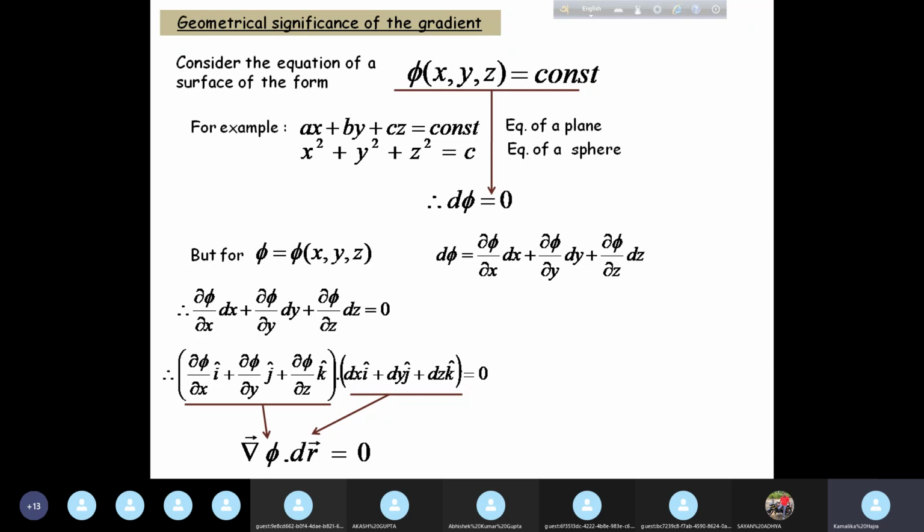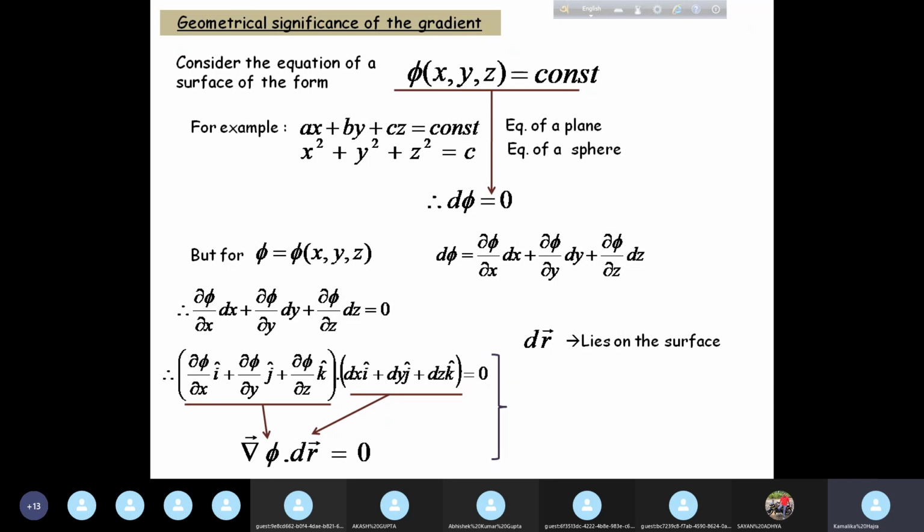Now for any given surface, if r is the position vector, then the vector dr will always lie on the surface. R is a variable vector, depends on which point on the surface you are taking, but wherever you take it, it will always lie on the surface.